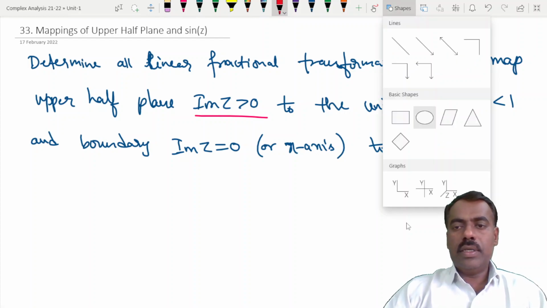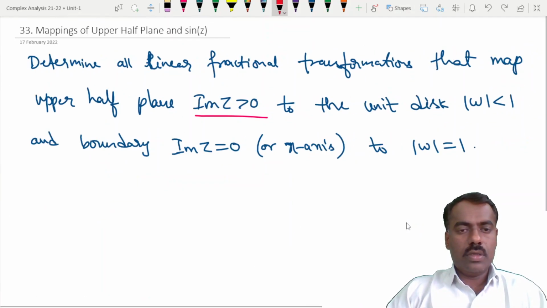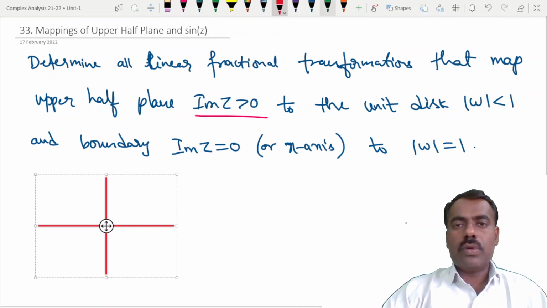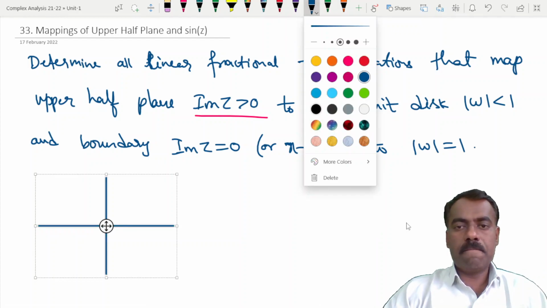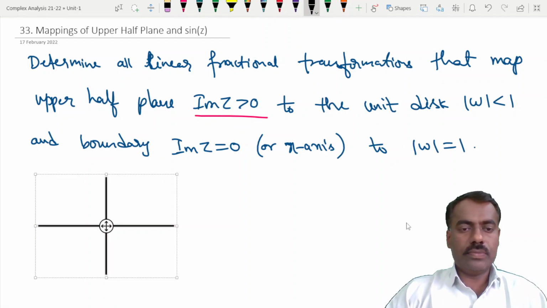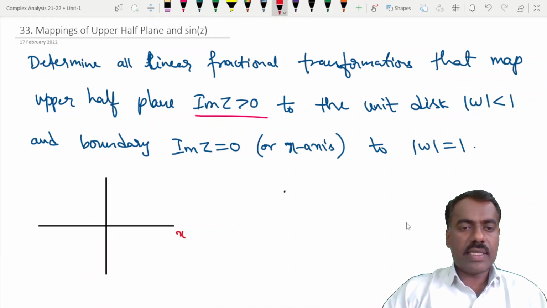So if we see the picture here, this is the x-axis and this is the y-axis.